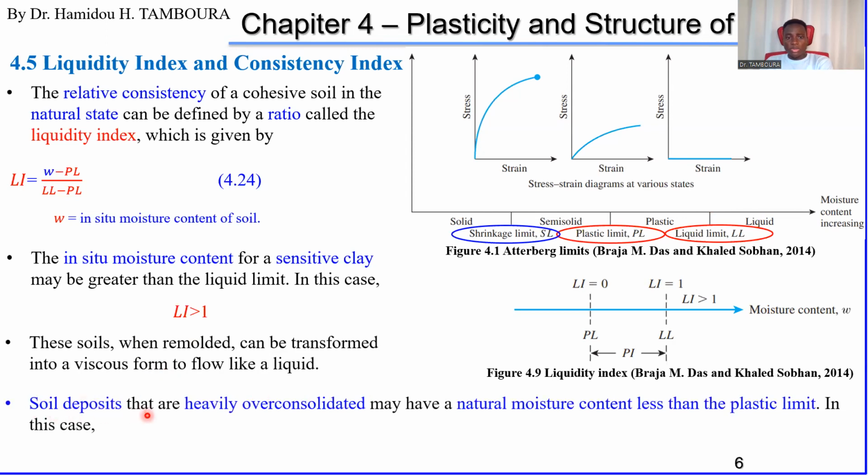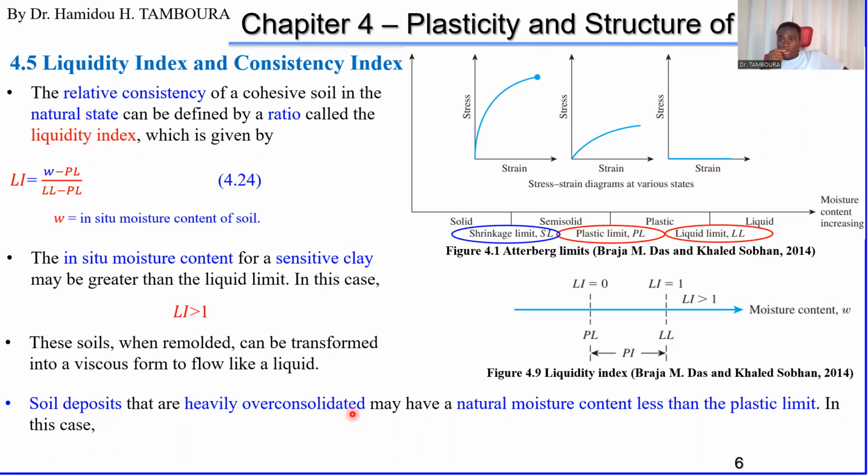Soil deposits that are heavily over consolidated may have a natural moisture content less than the plastic limit. Plastic limit is here, and sometimes we may have less than this plastic limit for this kind of soil, soil deposits that are heavily over consolidated.